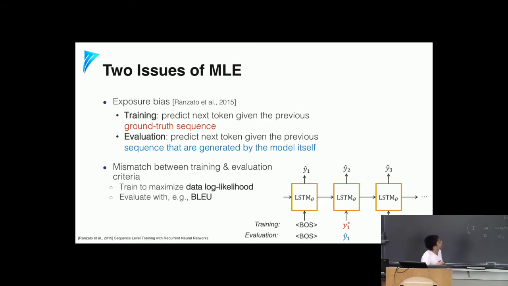This is a problem of MLE, because at training time you use this as the input to predict the next token, but if this is incorrect, then this model will learn something that is not correct.